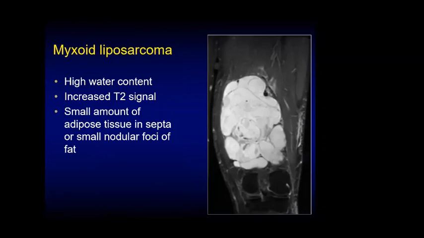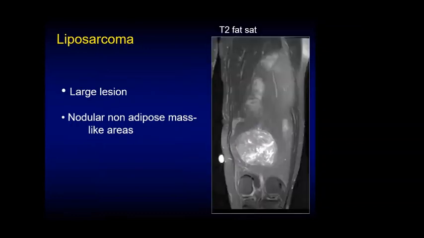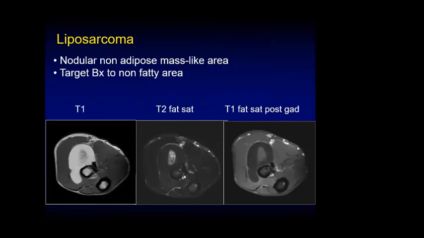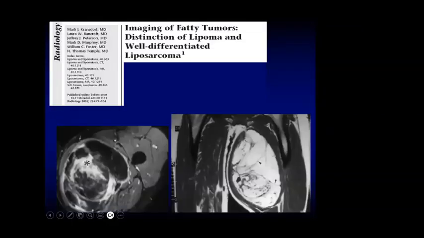So myxomatous liposarcoma is a subtype of liposarcoma. For example, a typical liposarcoma is this one, this one, this one. Your typical liposarcoma has a large lipomatous component and a small non-lipomatous component. The myxomatous liposarcoma is the other way around.